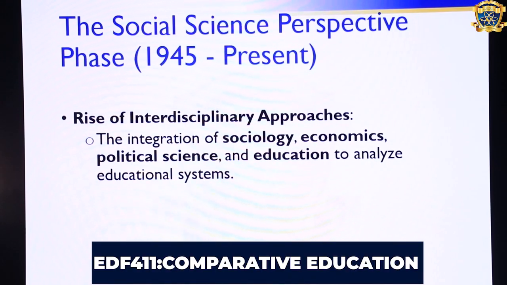Do we need to reform? And that's different. Why do we call it the social science perspective phase? Because it integrates knowledge from different disciplines to understand the big picture, to understand education in a more wholesome way.